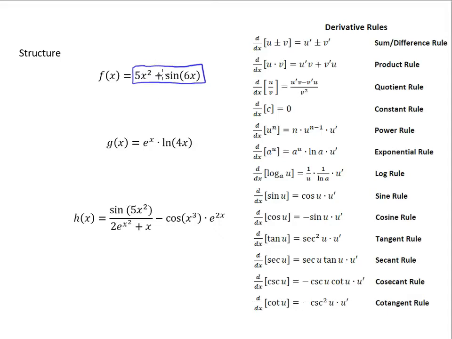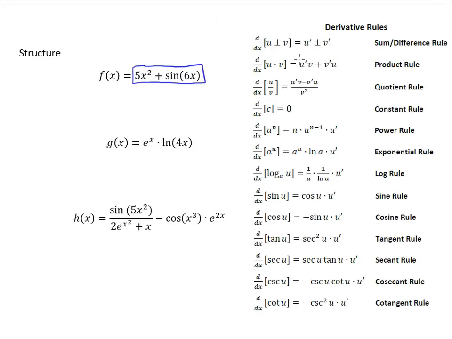Okay, so the way I would find the derivative of this is I would refer first to the sum difference rule. Now, let's take a quick look at this one. This one's actually pretty straightforward, which is kind of nice. If I am taking the derivative of two things that are being added together, so I'm going to use the top symbol right here in this plus minus sign, so u plus v, the derivative is simply take the derivative of the first term and add it to the derivative of the second term.